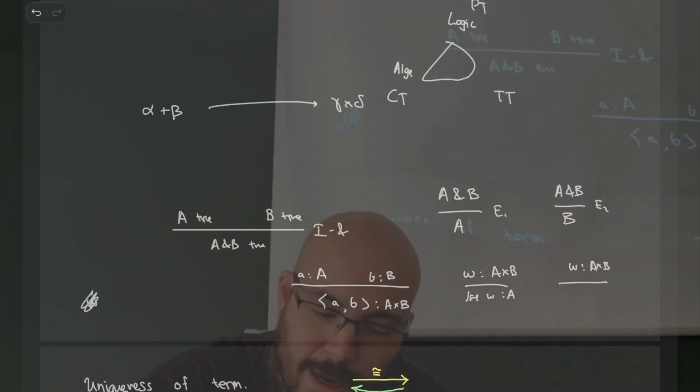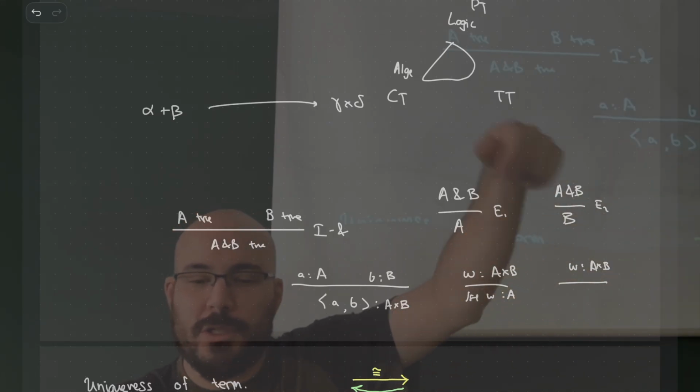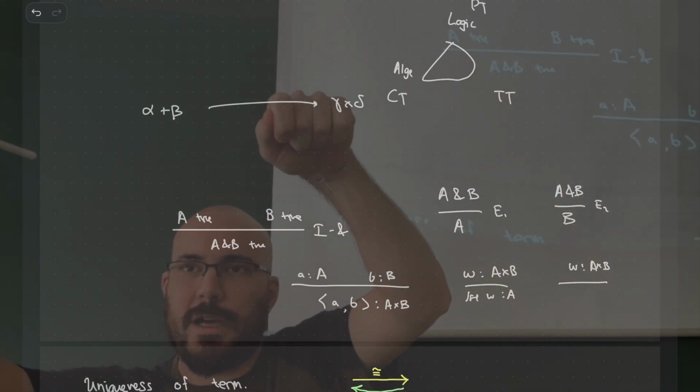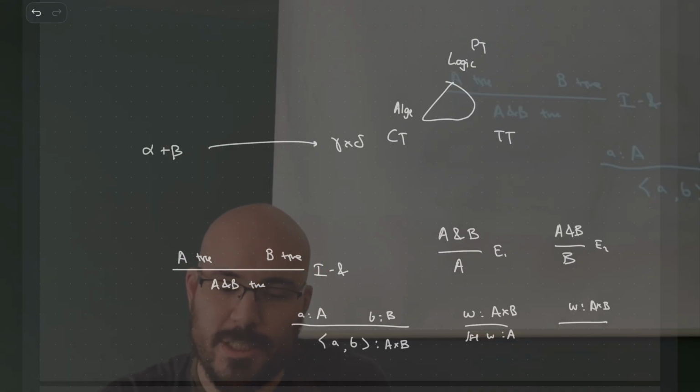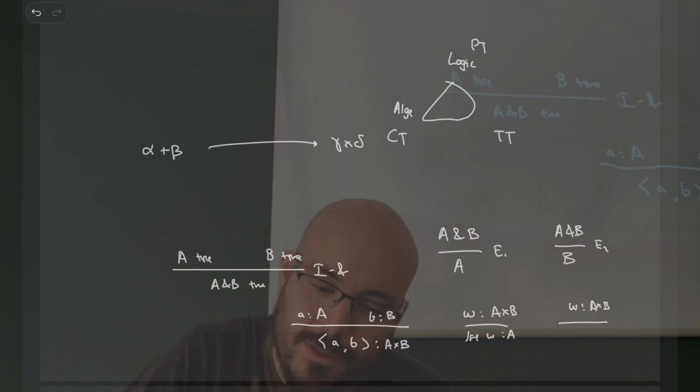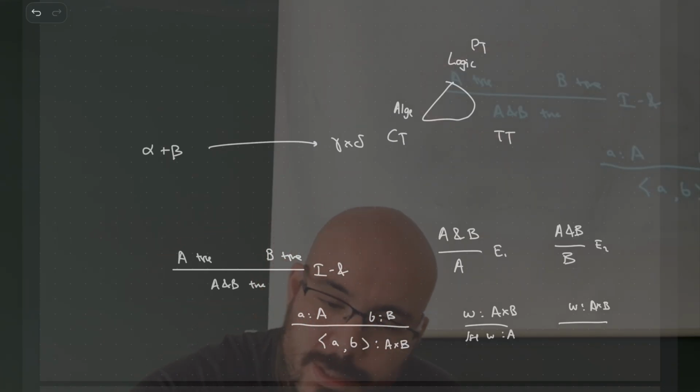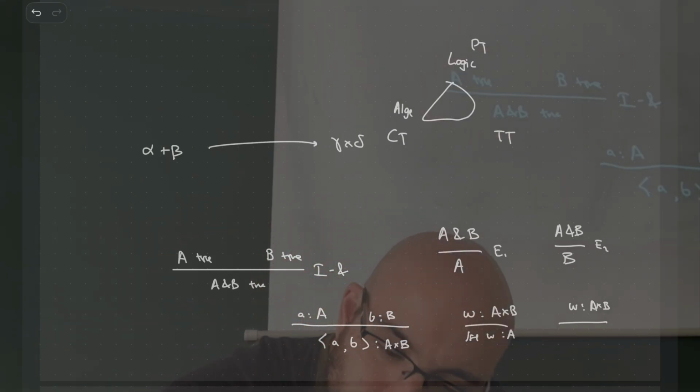Okay, and now to bring category here, because maybe you were already fine with the other two things. You say, okay, wait a minute, what is happening here? This is just a product.